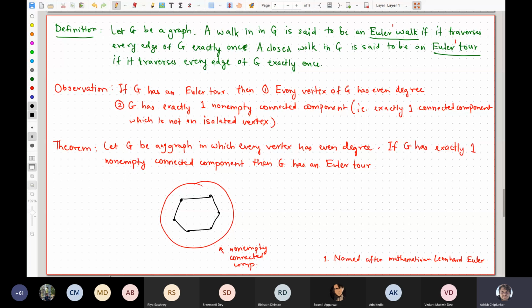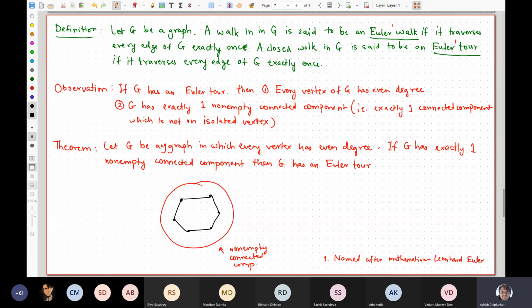So now, does this suggest some kind of an idea? What could we do? Can you repeat what you have done? Induction kind of. Yeah, somebody is asking me to repeat, so let me just repeat it first. We figured out that this connected component must contain a cycle. Now my question was, suppose I remove the edges involved in the cycle from the graph. What kind of a graph will you get? The claim is that firstly, the degree of every vertex in that graph is going to be even.